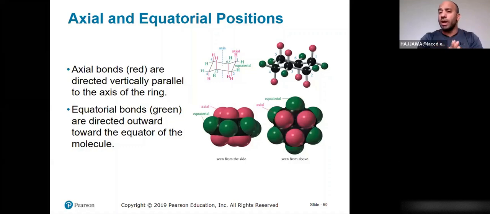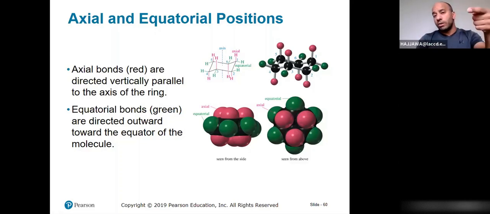When it comes to drawing a chair conformation, you always have to be responsible for figuring out where the bond direction is. Here's a chair conformation where we see the 12 hydrogens of a cyclohexane. It's C6H12. For every single carbon, you're supposed to have 2 bonds going to the 2 other carbons and 2 remaining bonds.